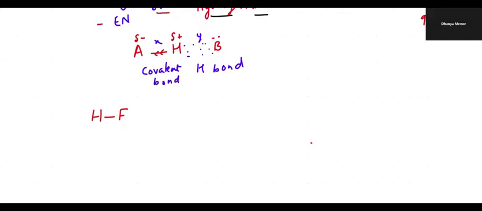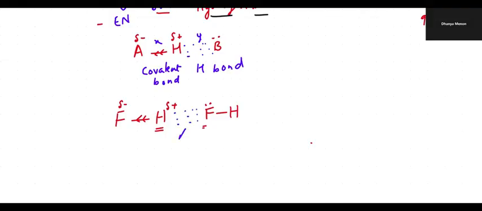Yes, so I'll draw this. Fluorine is bonded to hydrogen. Now, this fluorine will attain a negative charge, hydrogen will attain a positive charge. So if there is another atom B, let it be fluorine. Fluorine has a lone pair of electrons. This hydrogen will attract the fluorine and there is a hydrogen bond formation. So this is the hydrogen bond formation. Right?